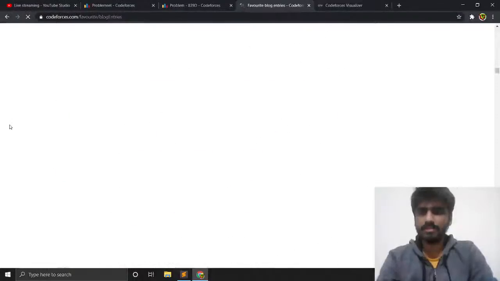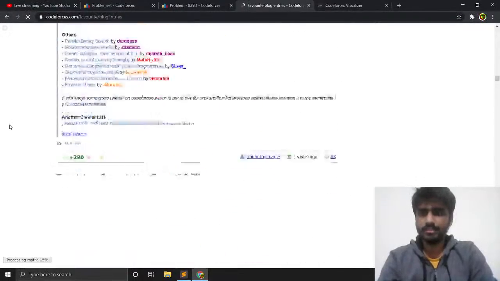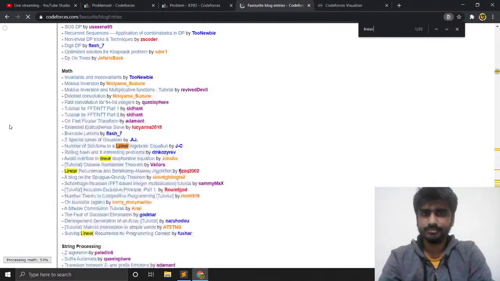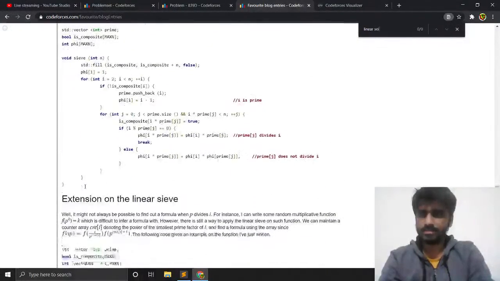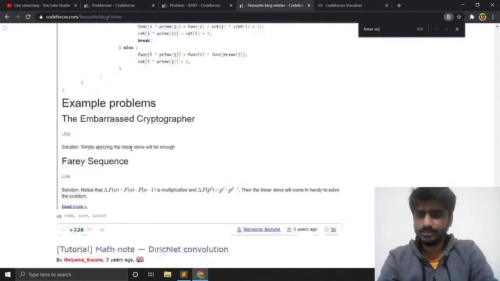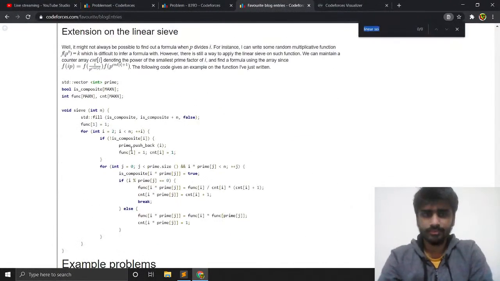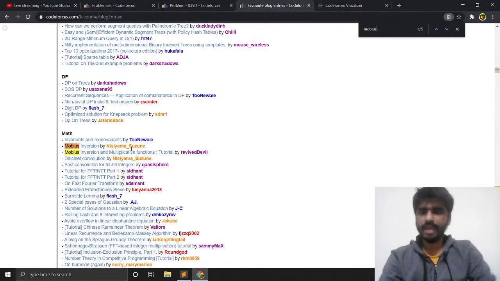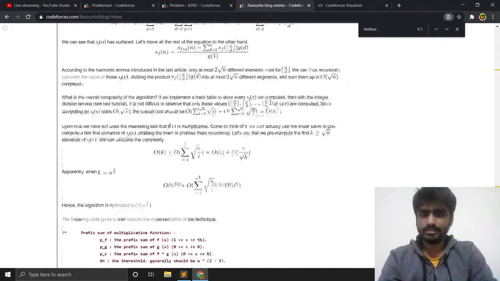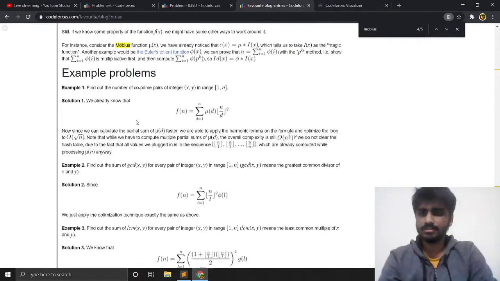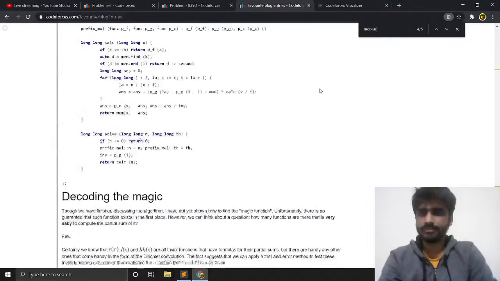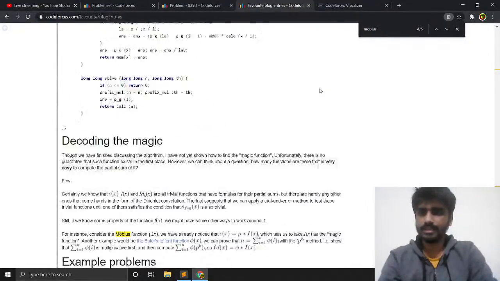I'm going to copy the code for linear sieve. I probably have it somewhere here. Actually, I want the Mobius function, right? This is phi. I know I had it somewhere in my favorite blogs. I had the Mobius function. Must be somewhere. Not here.